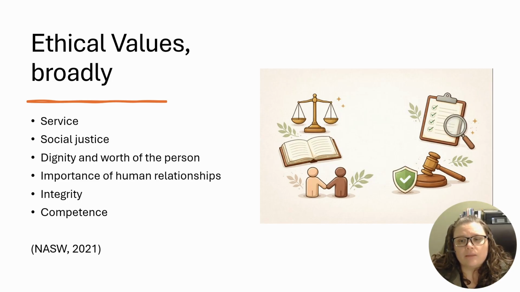So you've committed to being the best therapist that you can be. So let's talk about the ethical values that are set out by the NASW, the National Association of Social Workers, which I'll probably just say NASW moving forward because it's a hard one to spit out. We're going to talk about each of these values from two different perspectives.